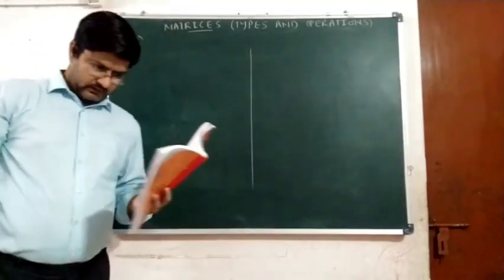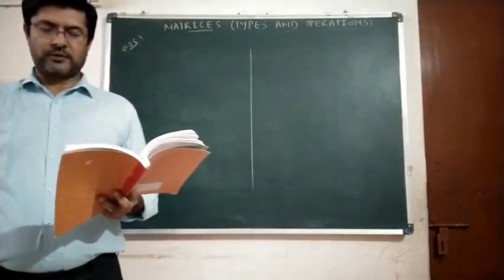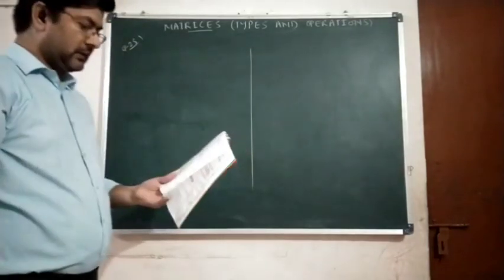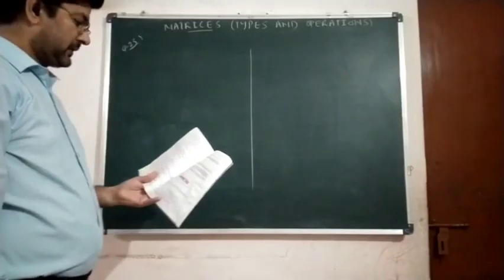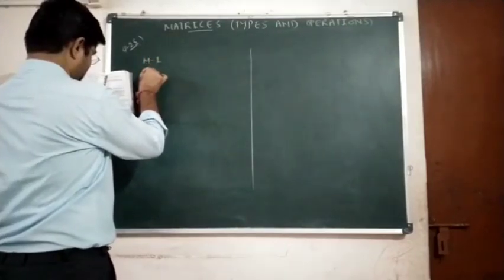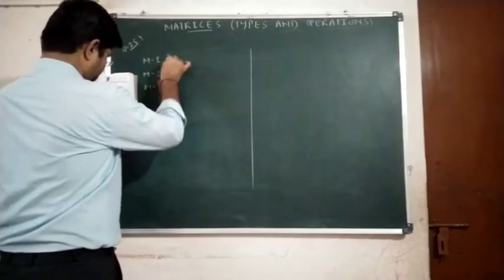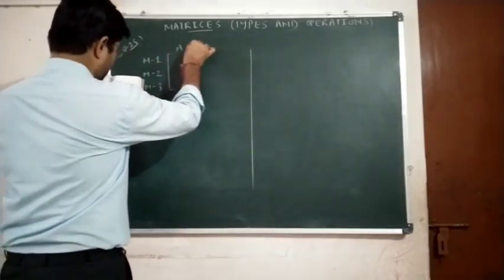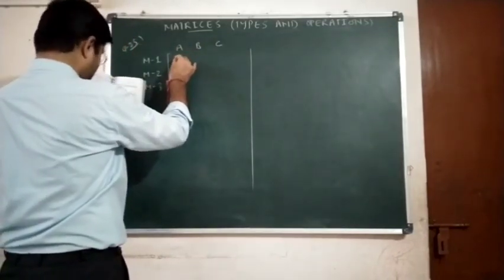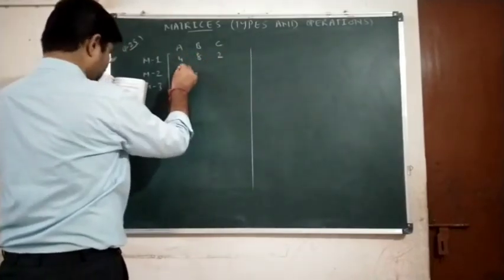In question number 23, a company is considering which of the three methods of production it should use in producing three goods A, B, C. The amount of each good produced by each method is shown in the matrix. You are given a matrix representing the production of three different items using three methods 1, 2 and 3. The units are given using each method.